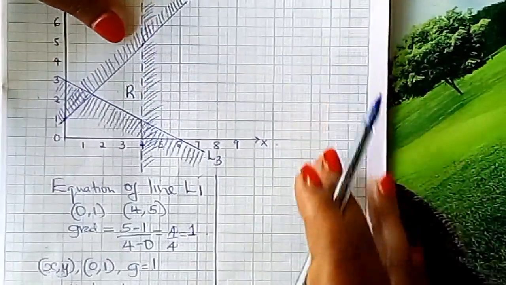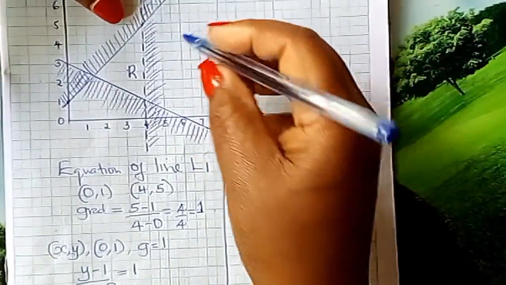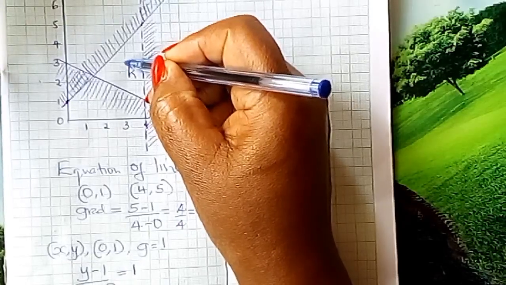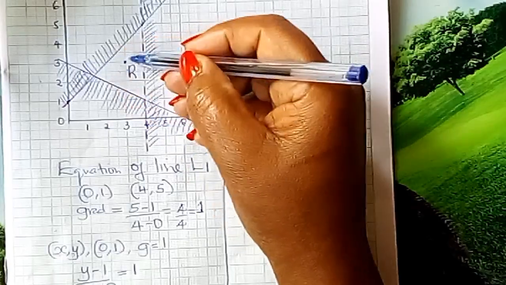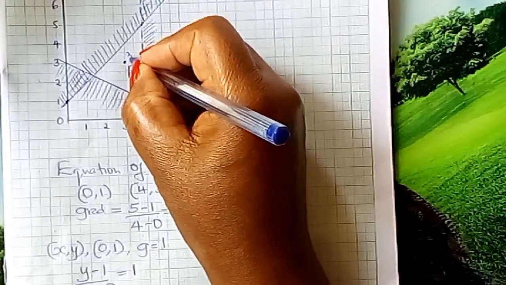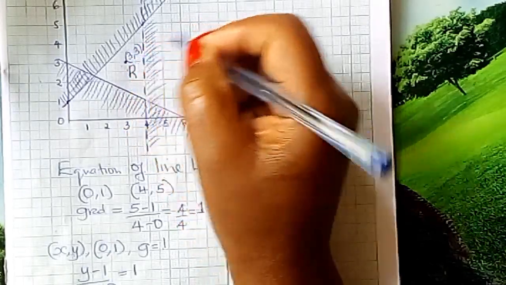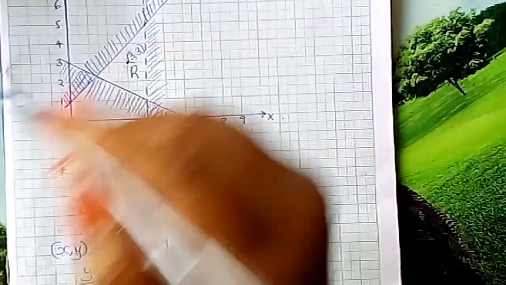What you do, learner, you do the same for all the other lines. You pick a point inside the unshaded region. For example, let me pick this point, 3, 3, inside the region. We just need 1 point, which has whole numbers, 3, 3.